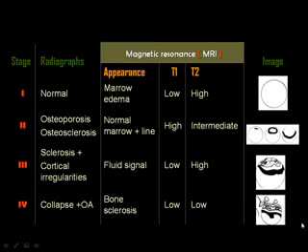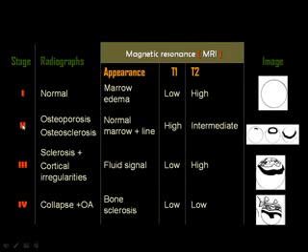Then these are the stages and the appearance in the radiograph. Stage 1 will appear normal in the radiograph, with no abnormality, and it will appear as bone marrow edema, which is low in the T1, high in the T2. We'll discuss this after that.